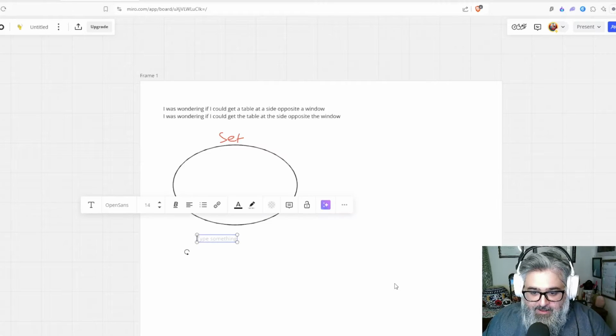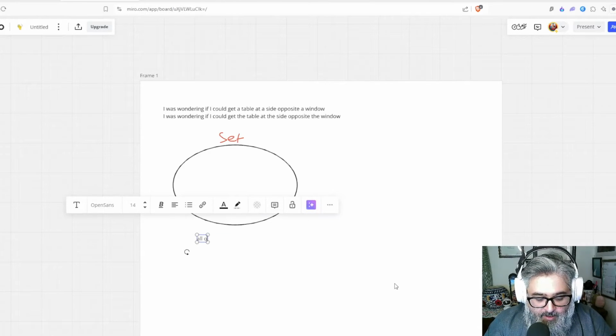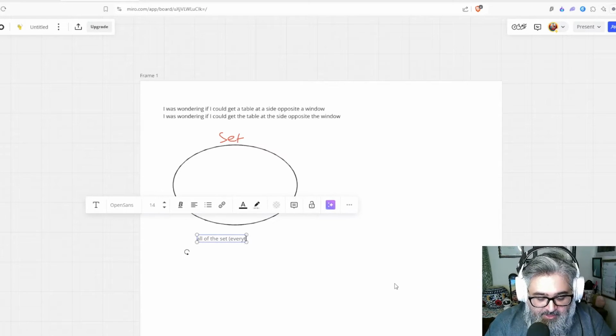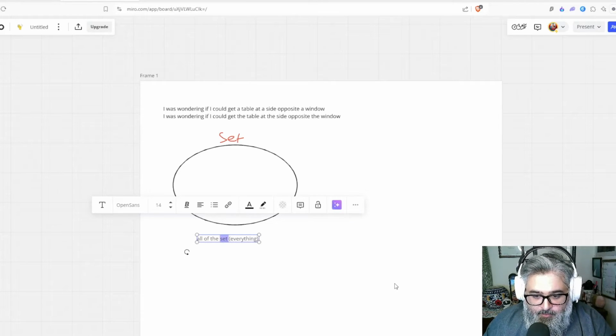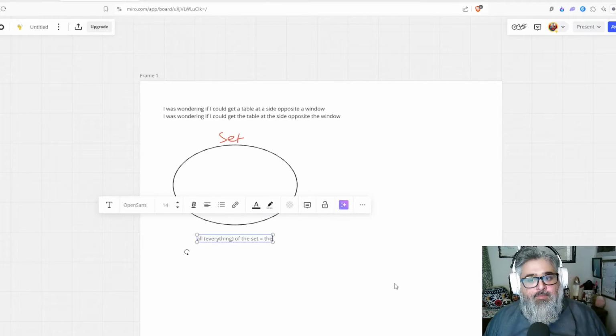So the first rule is whenever we talk about all of the set or everything, that's what I mean by all. So when we talk about everything inside the set, we use the, right?